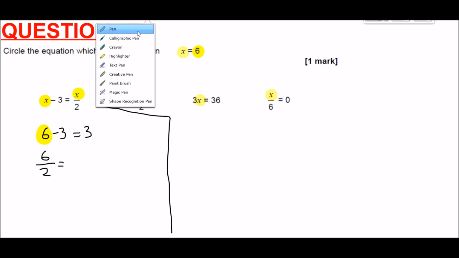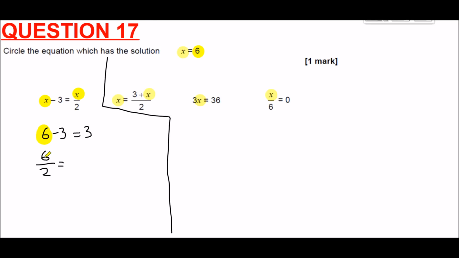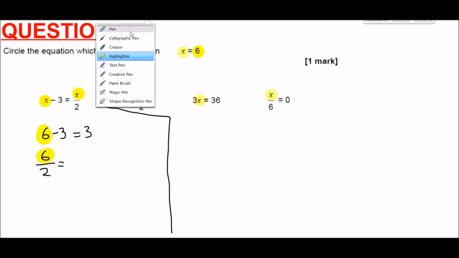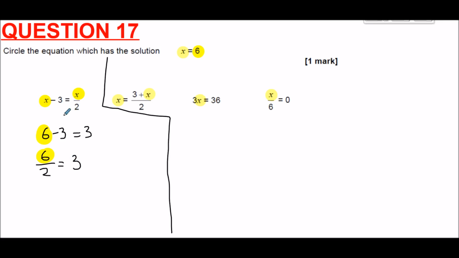So 6 over 2 would equal 3. And so yeah, this side is equal to 3, and that side is equal to 3. So you know it's got to be this one here.